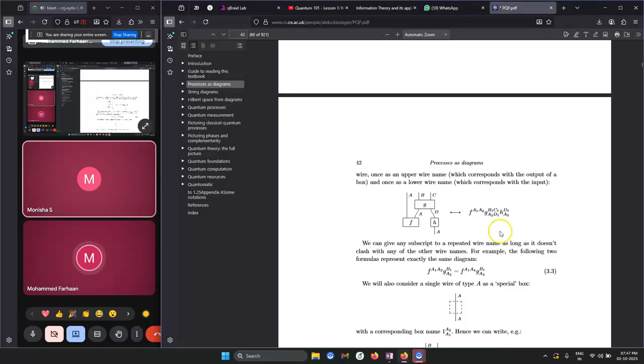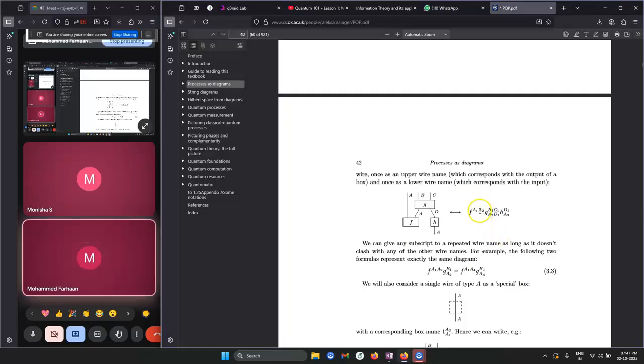See, this is where we put what you said, right? Is it possible to have the same wires appear top and bottom? Right, so this is where it's happening. Over here in the diagram, it's obvious.